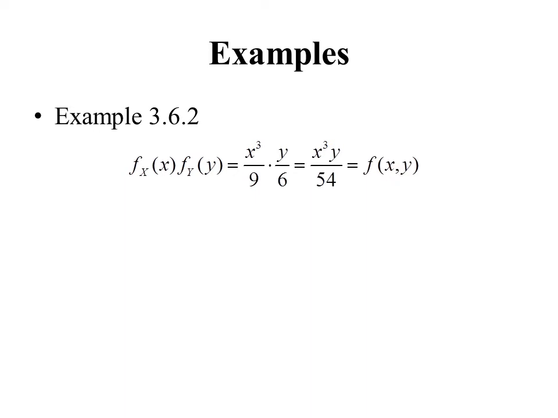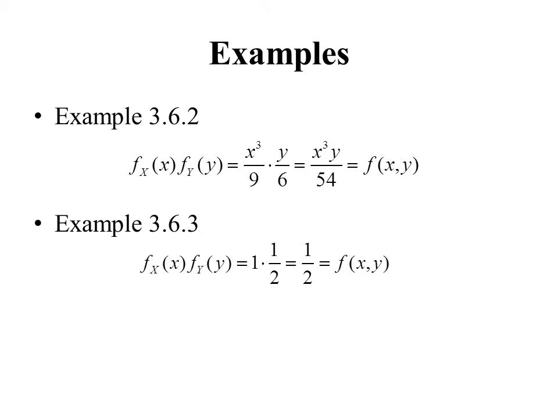So informally, what that tells me is that if I know the value of one of the random variables, I don't know anything more about the value of the other variable. In example 3, we calculated our marginal PDFs to be 1 and 1/2. If we multiply them, we get 1/2, and that was exactly the value of our joint PDF. So again, these two random variables, x and y, are independent by definition.